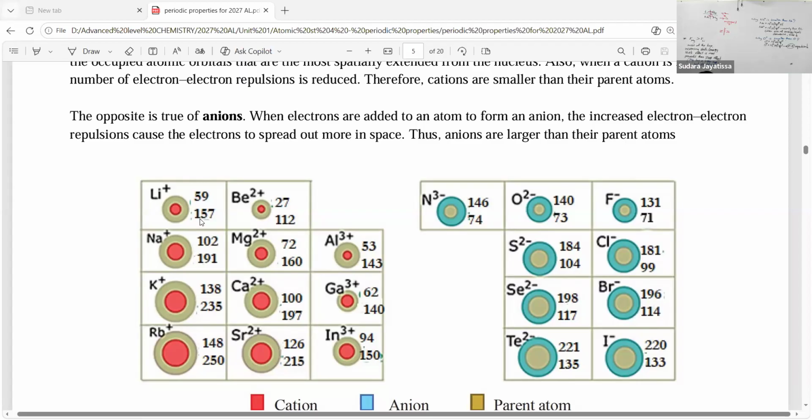You can write: energy level effect is more powerful than negative charge effect.